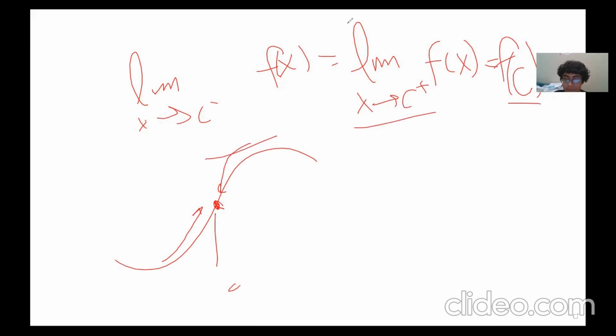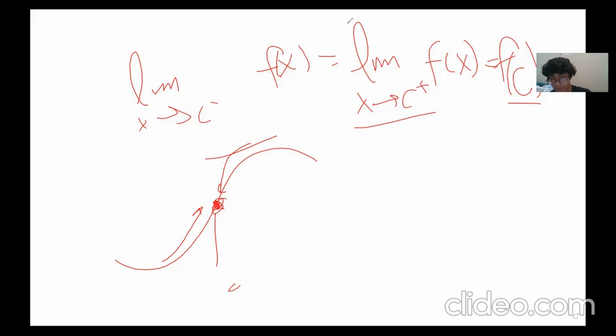If you're coming from the left, you'd use the piece of the function where x is less than c. And if you're on the right, you're just trying to make sure it equals this f of c value for the function where x is greater than c.